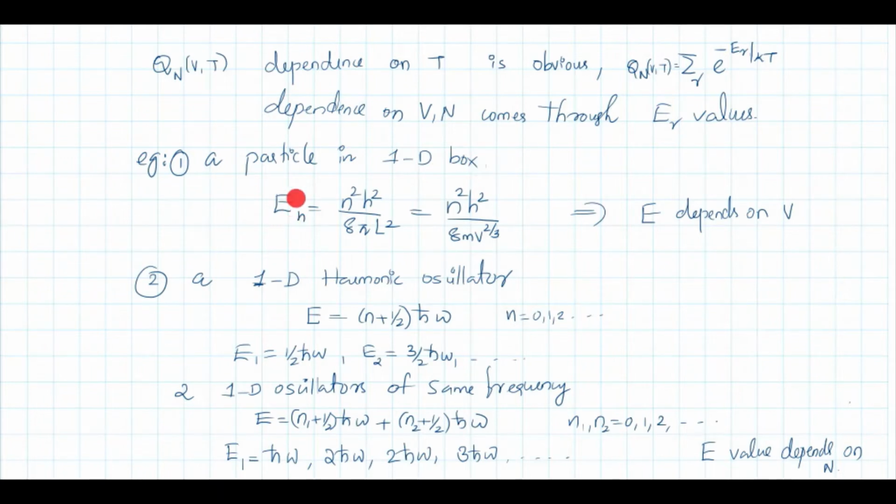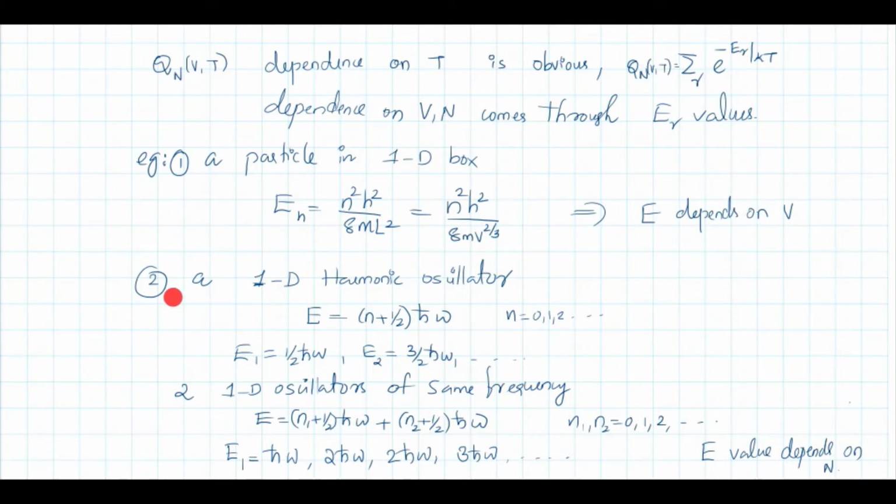Then the energy eigenvalues are n squared h squared divided by 8mL squared. Now, L squared you can write as V raised to 2 by 3, where V is the volume. So the energy eigenvalues for a particle in a box depend on the volume. If energy eigenvalues depend on volume, then naturally the partition function will also depend on volume.